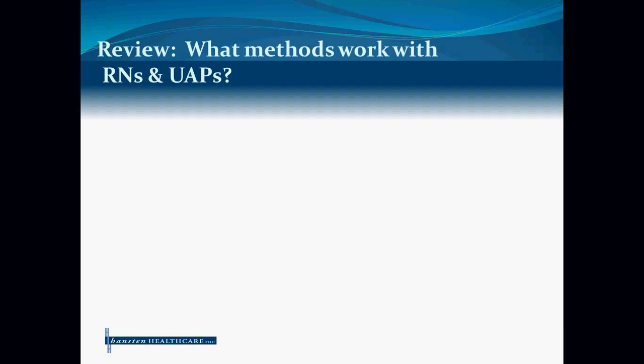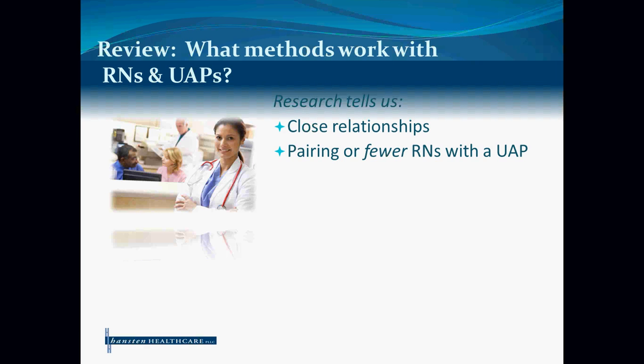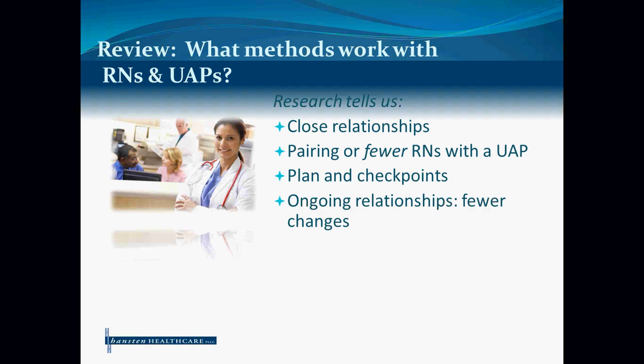So, overview: close relationships, pairing or fewer RNs with an unlicensed person so that they're not reporting to a bazillion RNs, and that we set up a plan for how we work together and do checkpoints. We have ongoing relationships and fewer changes so teams can get used to each other, if that is anywhere possible in your particular method of doing scheduling, so that you can get a point to give each other feedback so that you can develop that team.